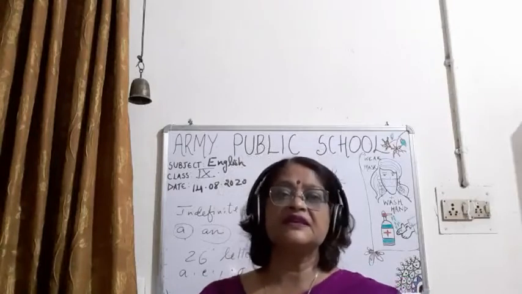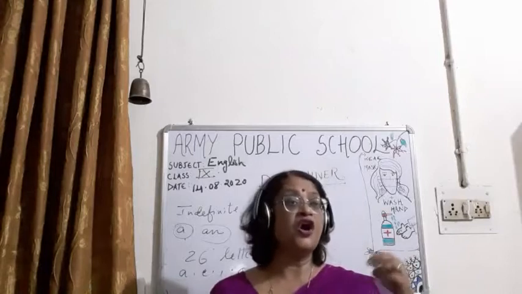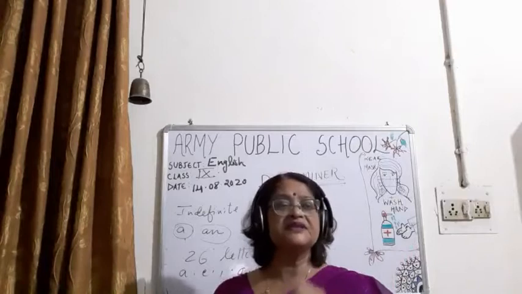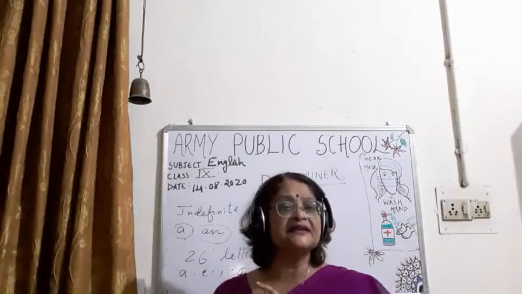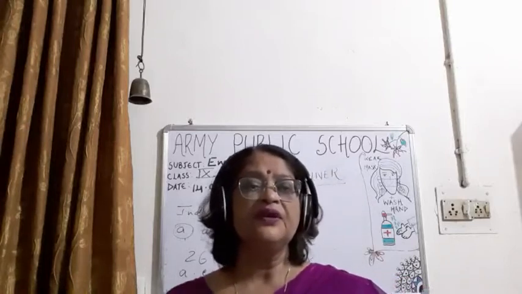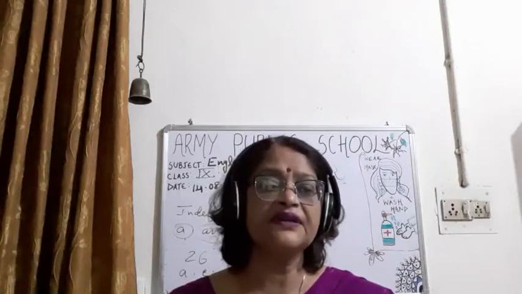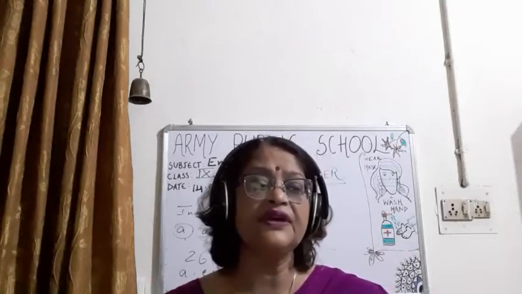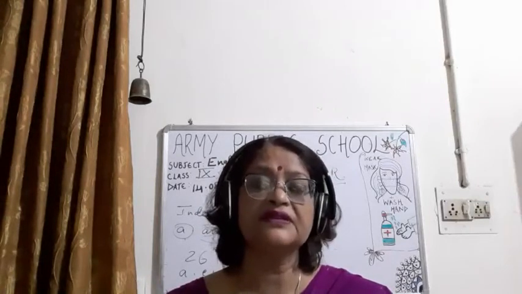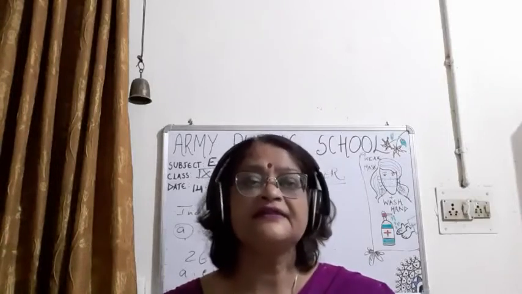Now children, you can see the sound. Which sound is coming first? So it is onest, O-N-E-S-T. Though the word starts with a consonant letter, it has a vowel sound. So we will put an here.